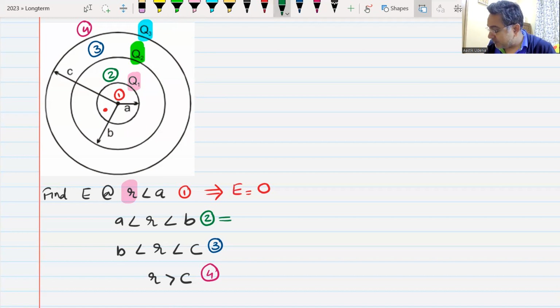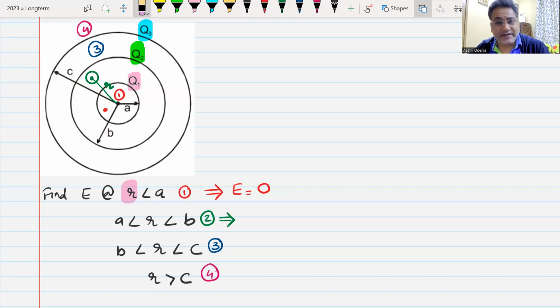Coming to the next point, point 2. Point 2 is somewhere here at a distance of r from the center of the shell. This distance, let me call it r. Now, for the green shell and the blue shell, the point is still inside, but for the pink shell, the point is outside.